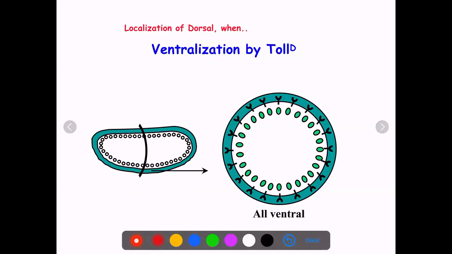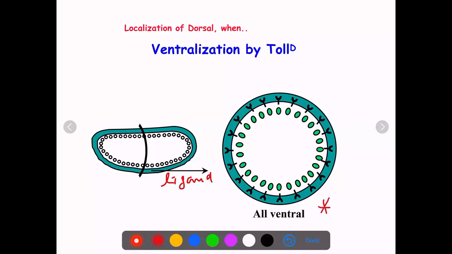But the ventralization of Toll dominant is that regardless of the ligand here, Toll is always active. Think about a mutation that somehow switches to the on position all the time, and you cannot turn it off. Then no matter what, they are all active, so they all become ventralized.